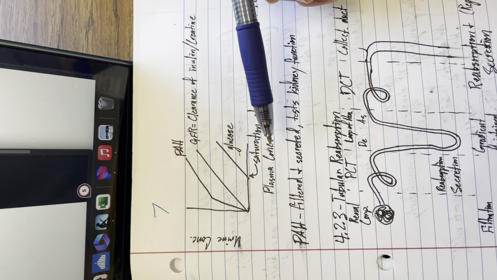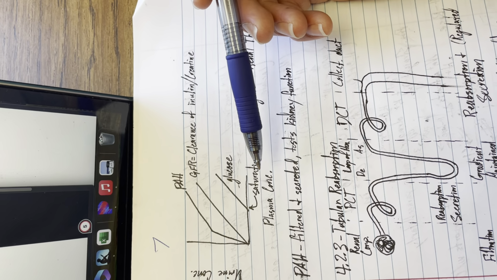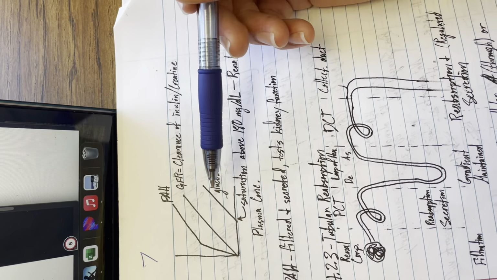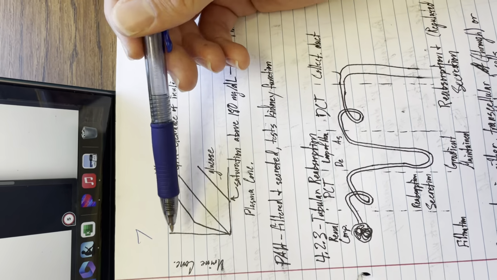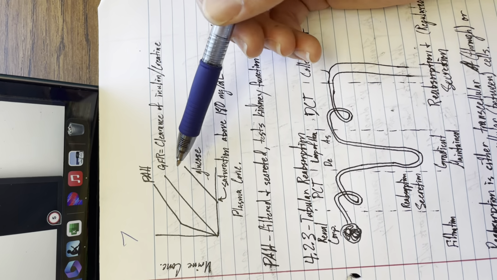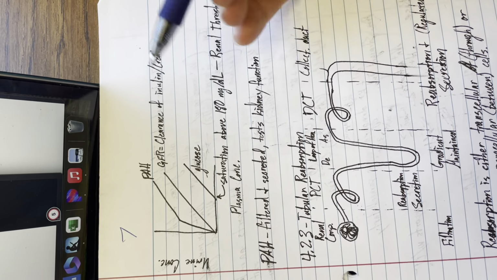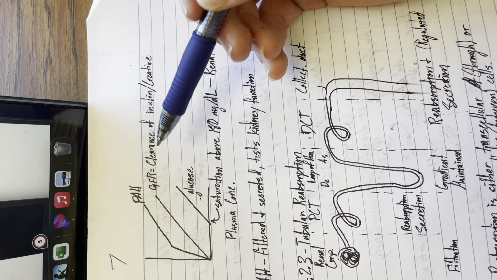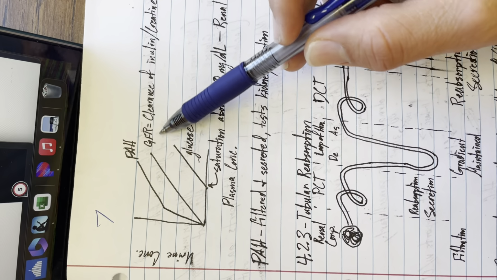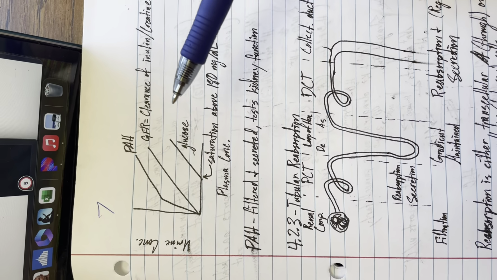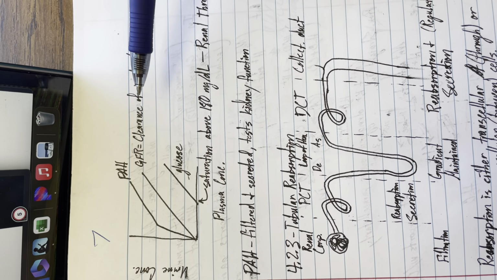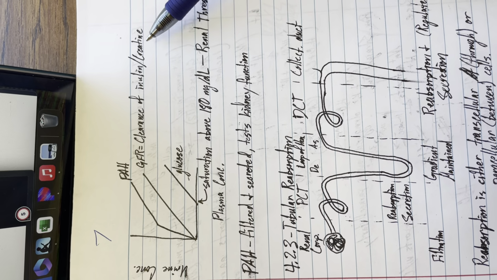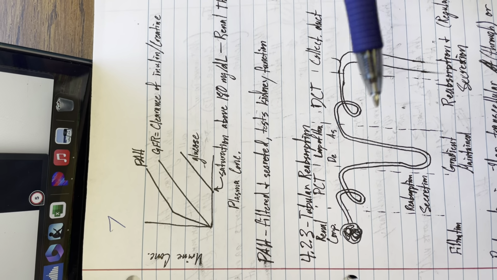This is with clearance, you're measuring the rate a substance is filtered back into the blood versus whether it's excreted. And that has to do with filtration. So if you're taking GFR, which is your glomerular filtration rate, inulin and creatinine are filtered completely.